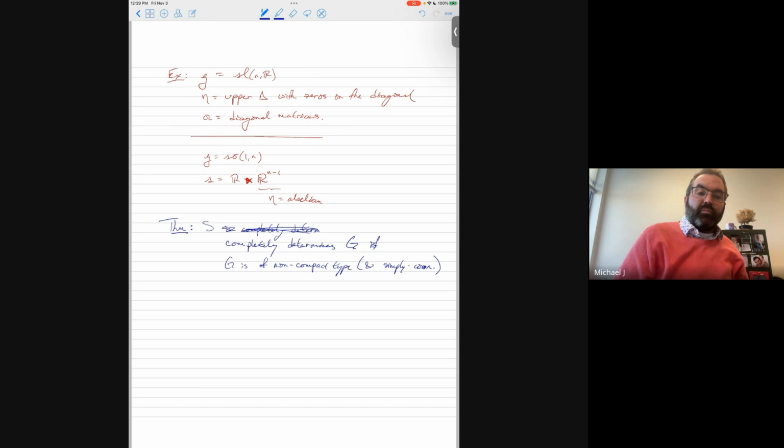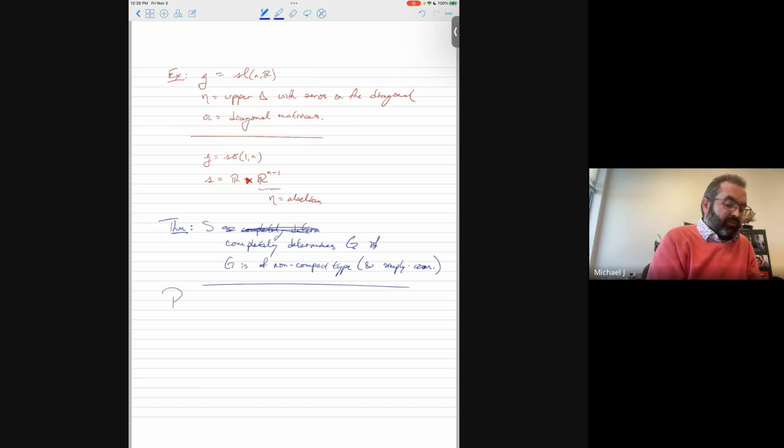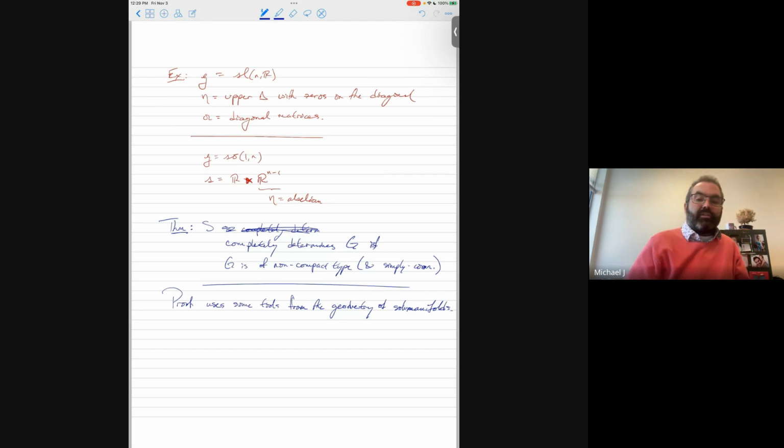So what does the proof of this look like? So the proof uses some tools from the geometry of solvmanifolds. So maybe first I should say what's a way to prove this? A way to prove this would be to look at a classification list.